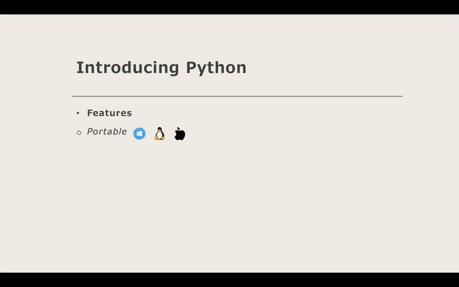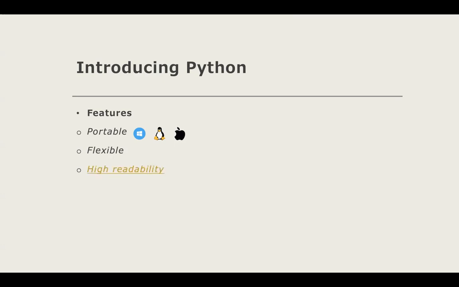You can run the code written on one platform on another with a few or no modifications at all. Python is very flexible. That means you can write different codes to solve the same problem, so you don't have to learn too many things in Python in order to use it well.